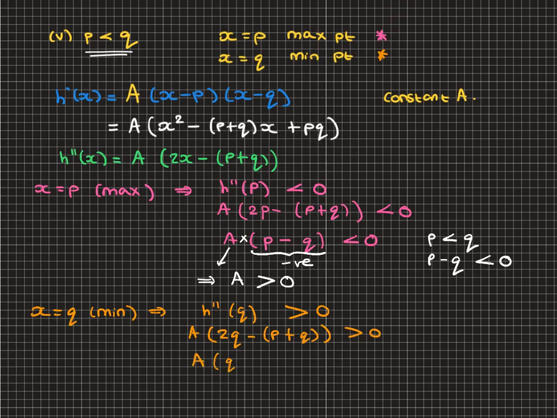A bracket q minus p must be greater than 0. But again, remember, p is smaller than q. So this tells us that q minus p must be greater than 0. So this bit here must be positive, which means a, again, has got to be positive so that the product of a and q minus p is greater than 0. So a must be a positive value, and this will be important in a minute.